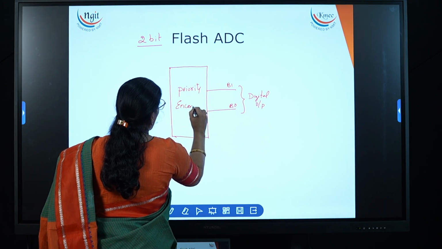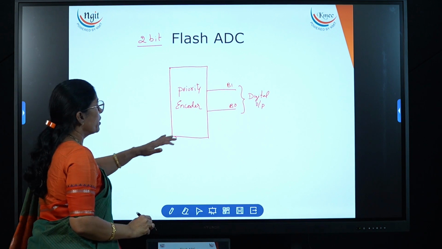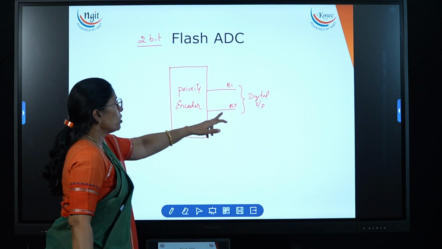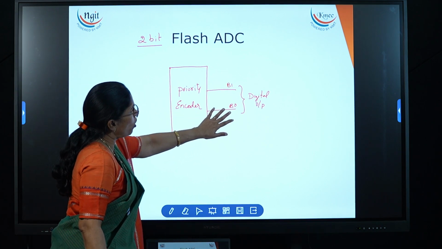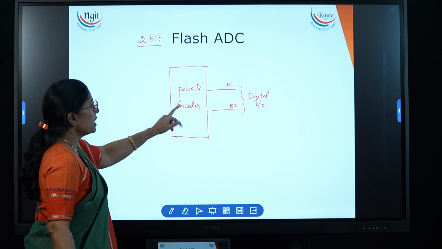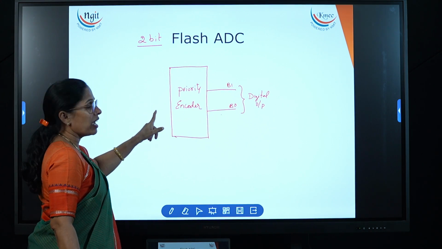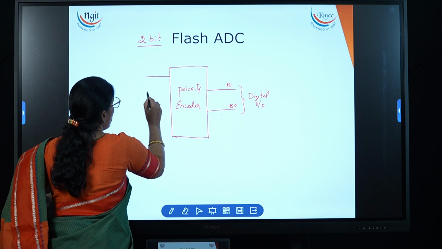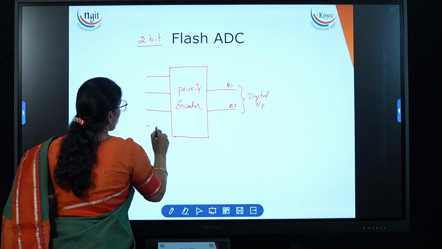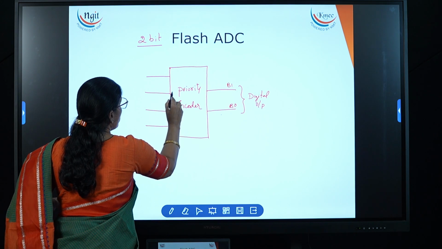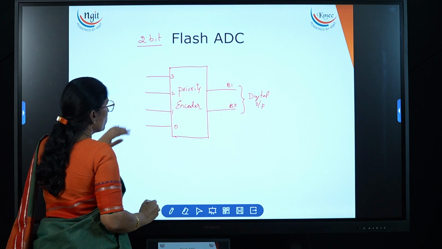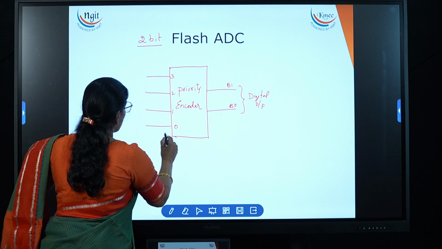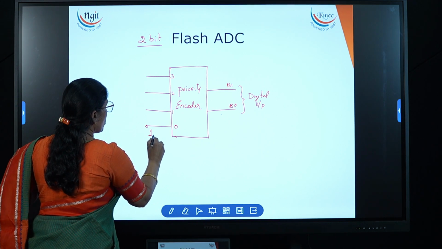So already you know the relation in the encoder. If I have 2 outputs, how many inputs are there? For n outputs, I have to take 2 to the power of n inputs. That is total 4. Now here I am taking 0, 1, 2, 3. So 0 I am always applying to logic 1.